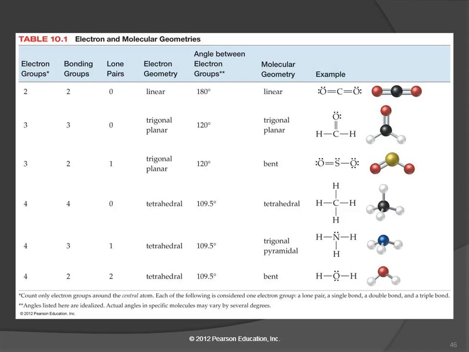How can they get away from each other as far as possible? What shape is that going to be? Are any of those lone pairs? If they're lone pairs, then we have to make those invisible, and then let's name the shape that's left. That's the process I go through in my mind to do this, because I'm not going to give you this table on an exam.